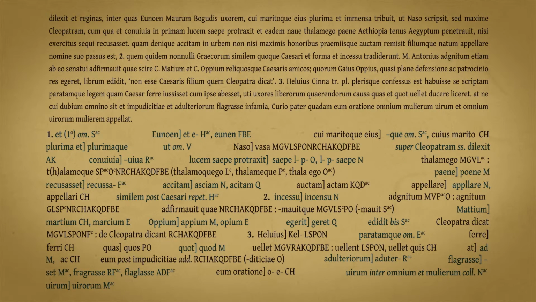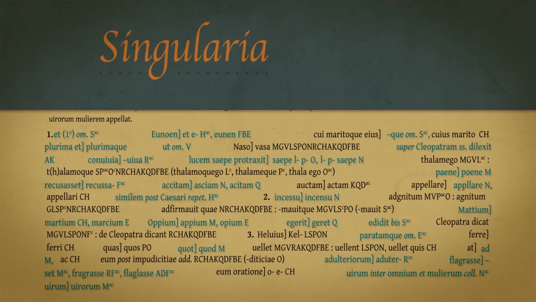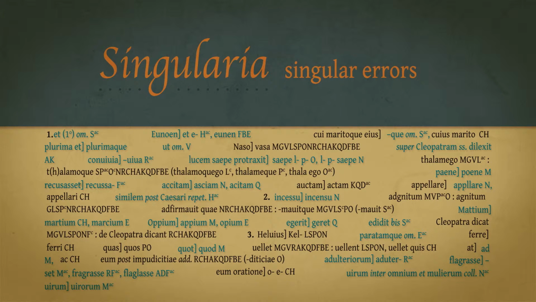If you look at the items that are highlighted on the screen, you'll see that they all involve information of one of two sorts. Either it is an error that appears in only one manuscript, what we call in the trade singularia, singular errors, which are the sort of thing that any manuscript written in the Middle Ages is going to present by the hundreds.